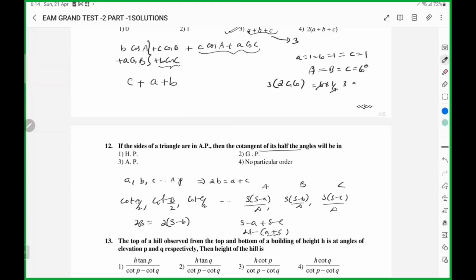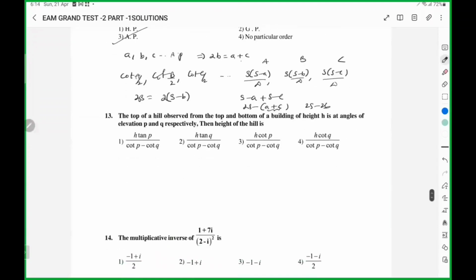In place of A plus C, if you write 2B, LHS and RHS will be equal. They are in AP.